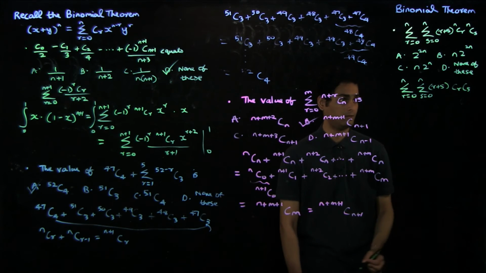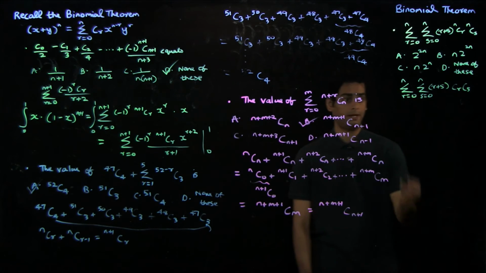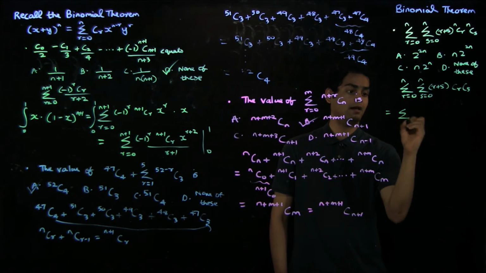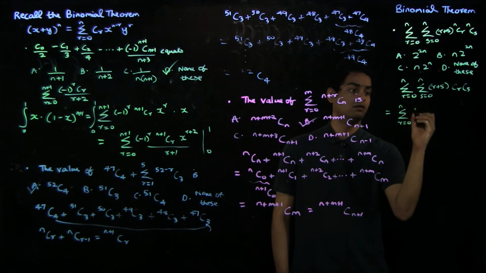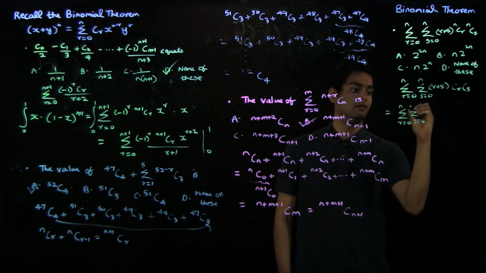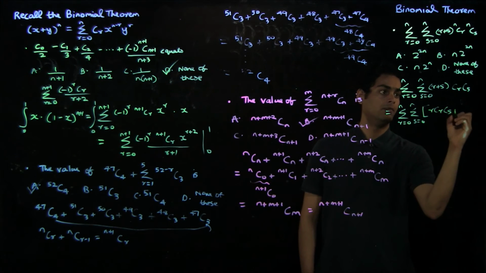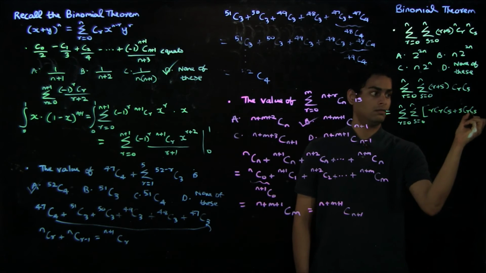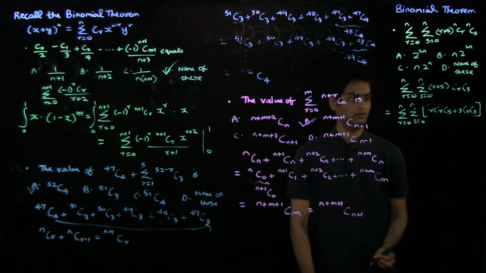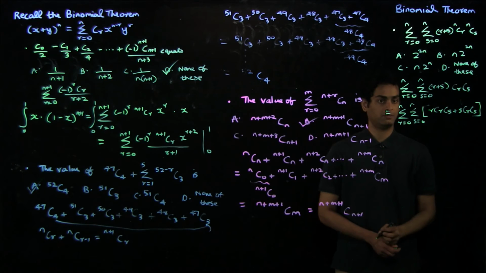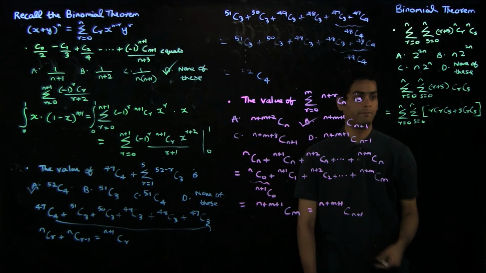So this is the given expression. Now you can expand this expression as summation r equal to 0 to n, summation s equal to 0 to n, and you have r times nCr times nCs plus s times nCr times nCs. So these are the two terms in your expression now, and you have the summation.